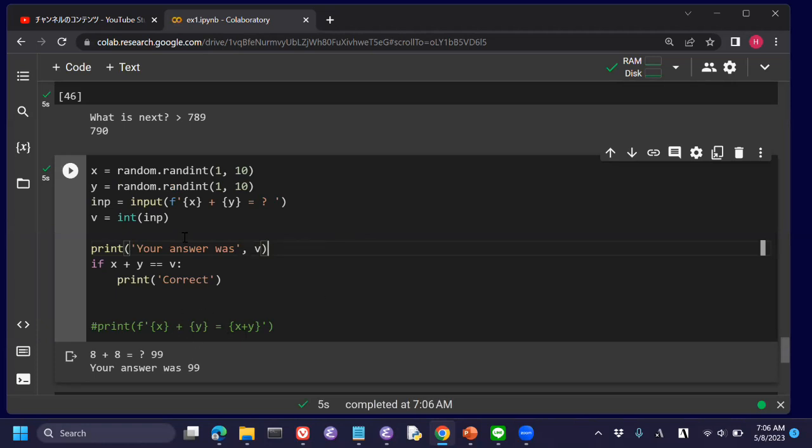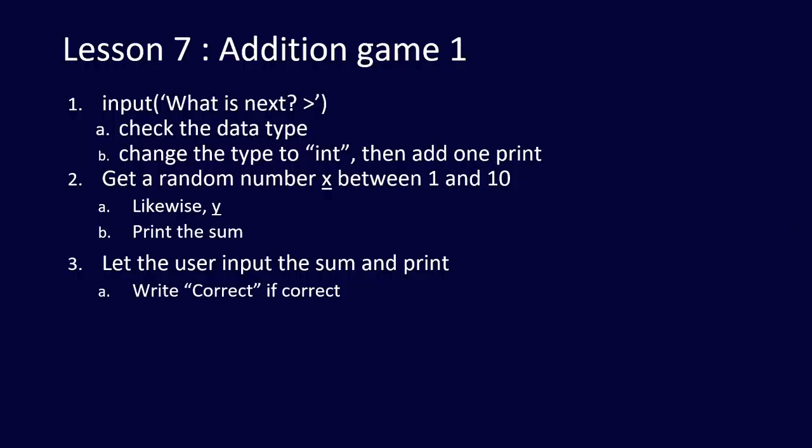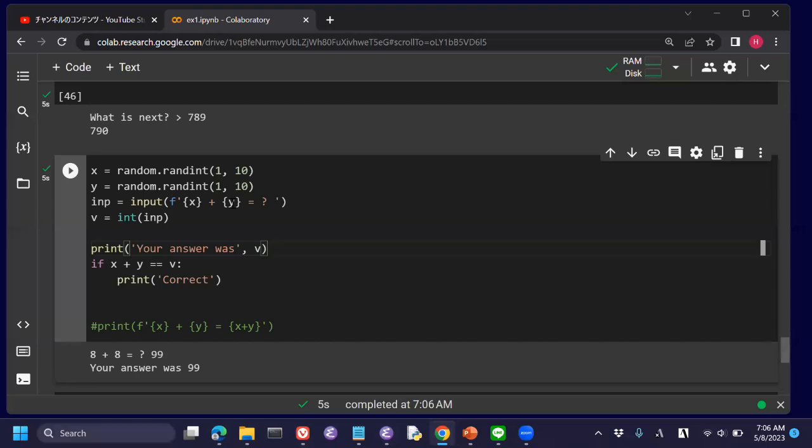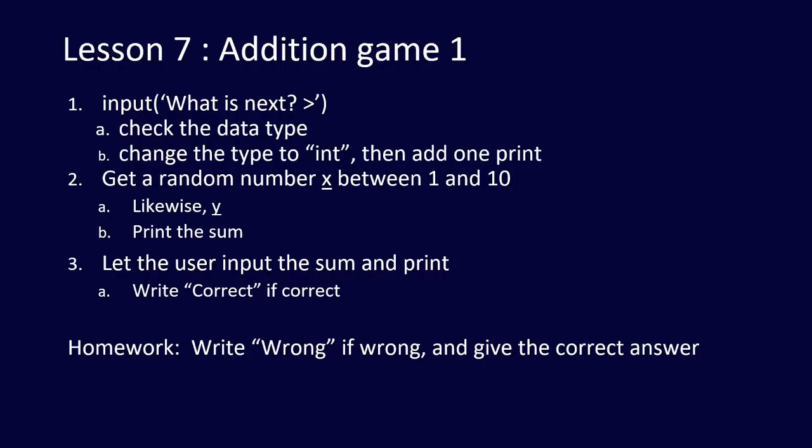Okay, good. Actually, this is all for today. It was interesting, right? You can do many more things if you want. Homework: write wrong if the answer is wrong, and give the correct answer. You can try it, and let's check next time.